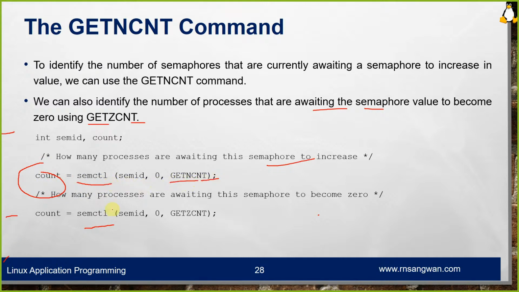GETNCNT: how many processes are awaiting this semaphore to increase? GETZCNT: how many processes are awaiting this semaphore to become 0? So NCNT and ZCNT are the interesting functions which can be used to identify how many processes are waiting for it to increase or to become 0.